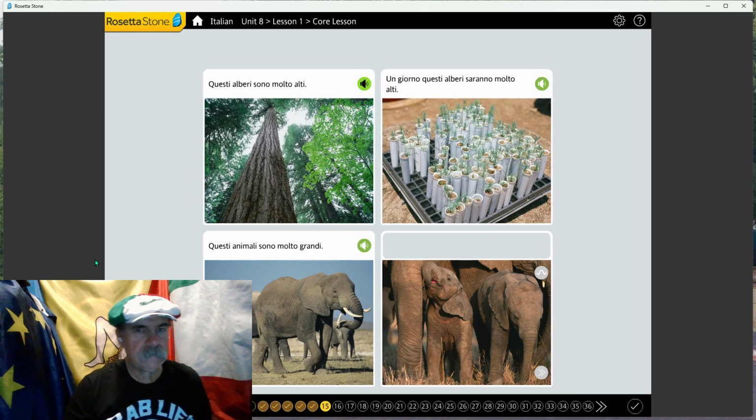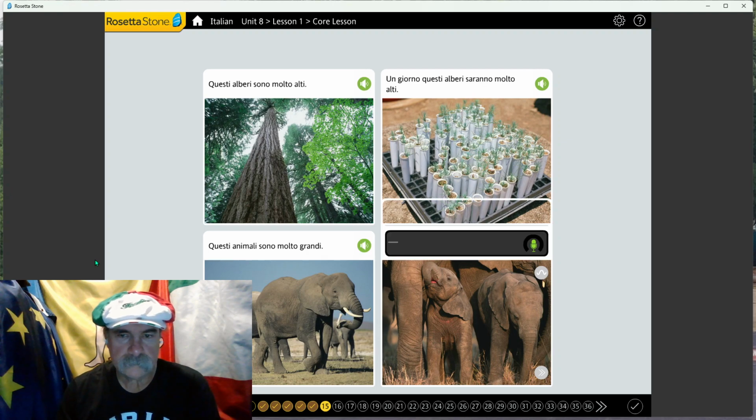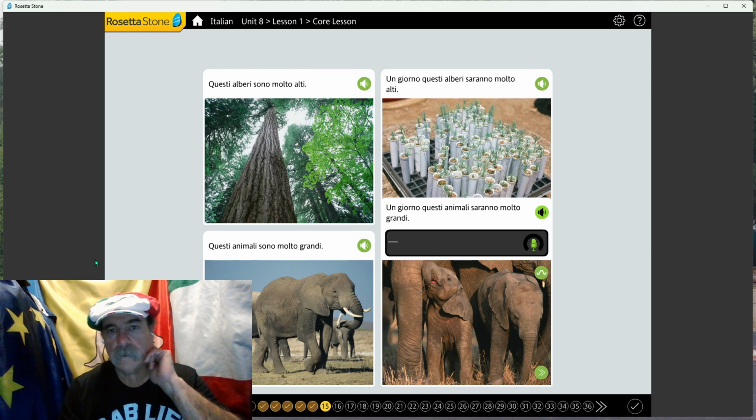Questi alberi sono molto alti. Un giorno questi alberi saranno molto alti. Questi animali sono molto grandi. Un giorno questi animali saranno molto grandi.